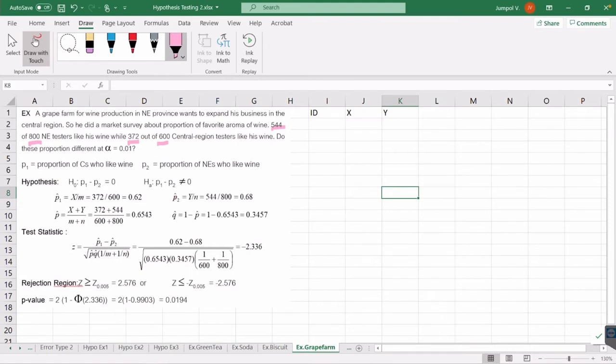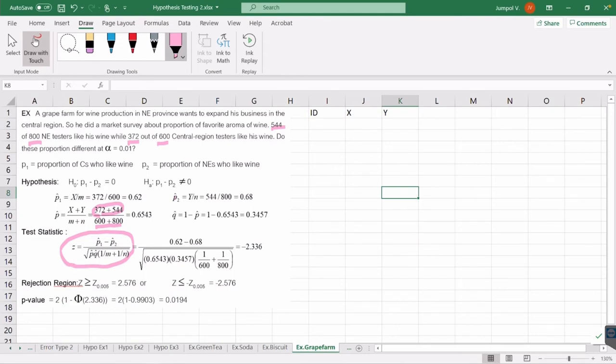Okay, so the pooled P hat is calculated by x plus y, which is 372 plus 544, and then divided by the total number of samples, which is 600 plus 800, and Q hat is 1 minus P hat. Then we just use this formula for the test statistic.